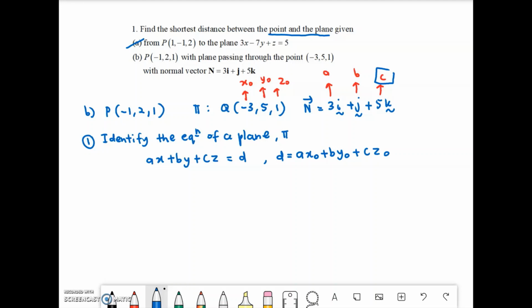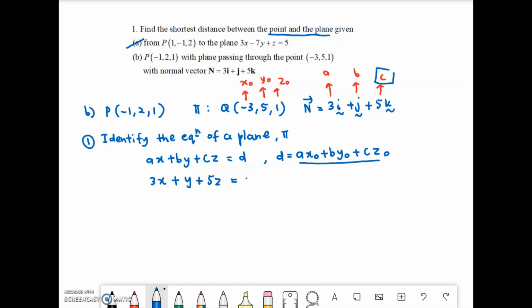So we have our A here is 3x plus B, which is 1 times y, plus Cz. So C is 5z equals to D, where D is equal to this equation.